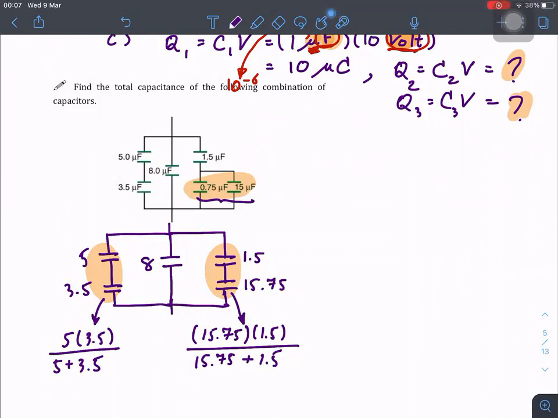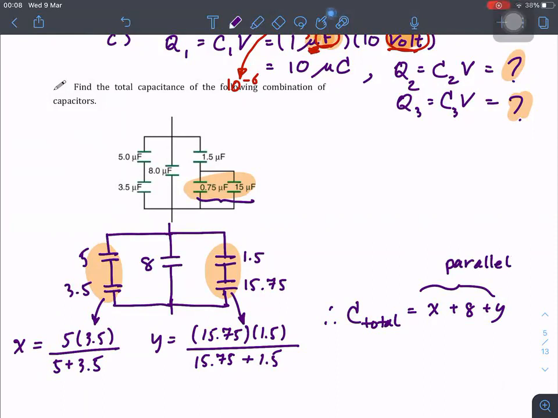Okay, and if I say this is X, and this is Y, then the C total would be X plus 8 plus Y, because all these three are connected in parallel, right?